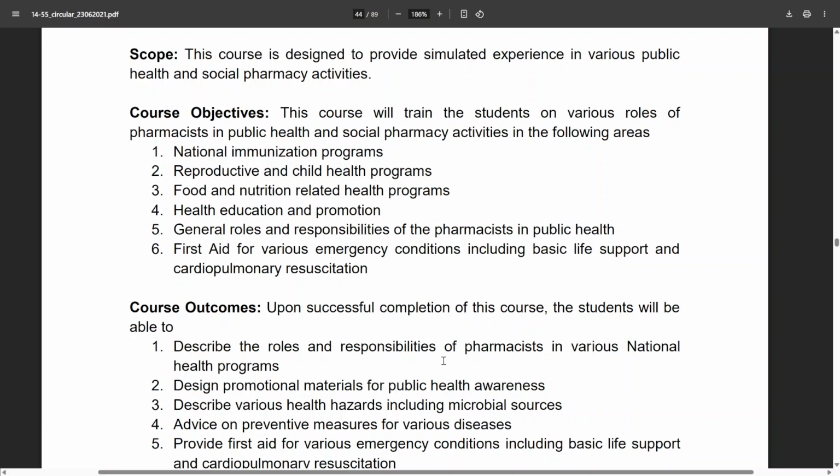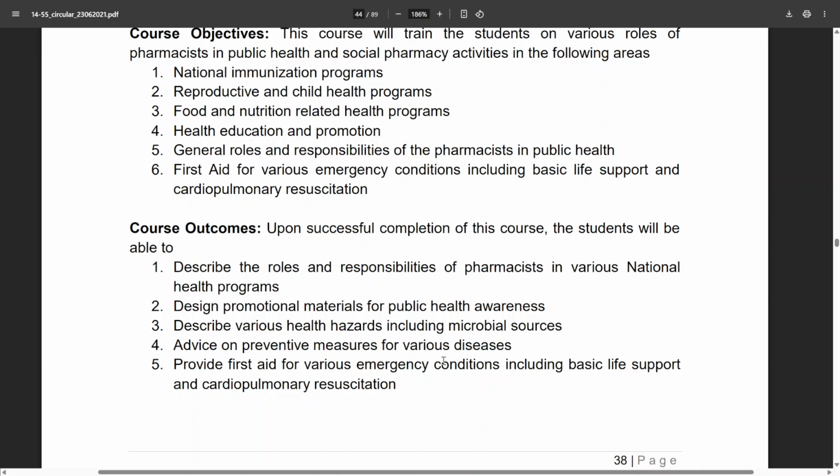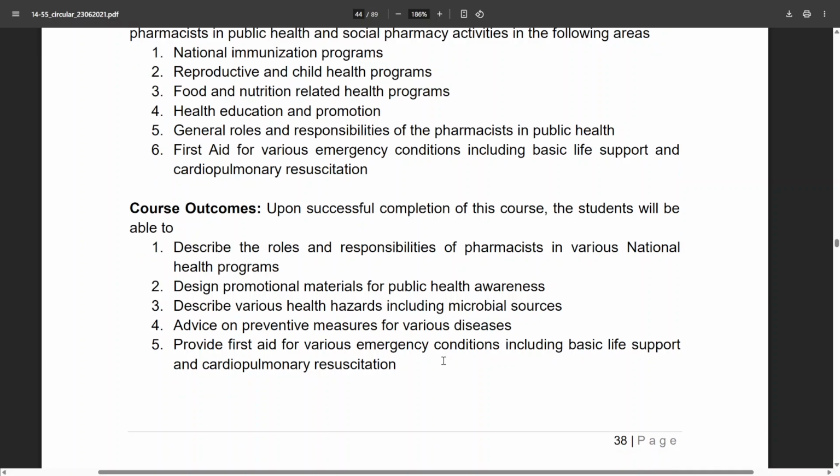6. First aid for various emergency conditions including basic life support and cardiopulmonary resuscitation. Course outcomes. Upon successful completion of this course, the student will be able to: 1. Describe the roles and responsibilities of pharmacist in various national health programs. 2.